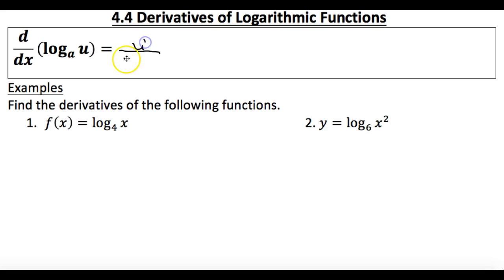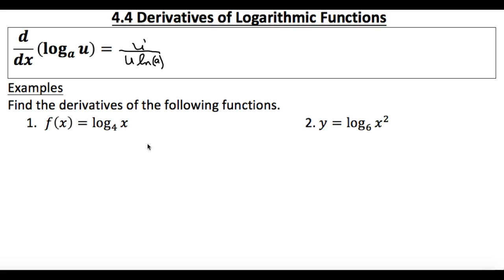u prime. So we take the derivative of whatever's on the inside of the log, over u times the natural log of a. Okay, so the derivative of the inside of the log over the inside of the log times the natural log of a.